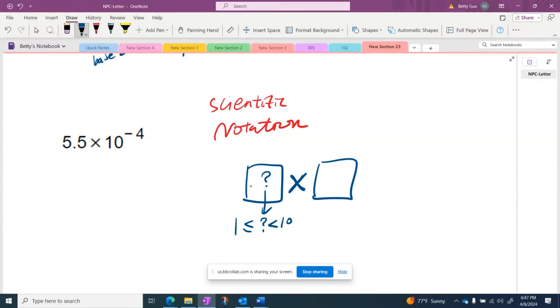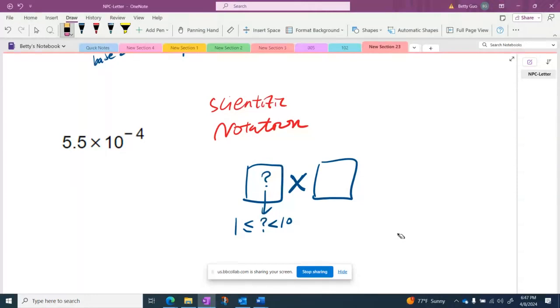We use a cross, we do not use a dot. In scientific notation, we have to use the cross as the multiplication symbol. 1 is fine, 1.2, 1.005, or 2 something, 3-ish, or 4, 5, 6, 7, all the way to 9, or 9.9 is okay, 9.99 is okay, but it cannot be 10. Has to be a number in that range. That's the first part in the scientific notation.